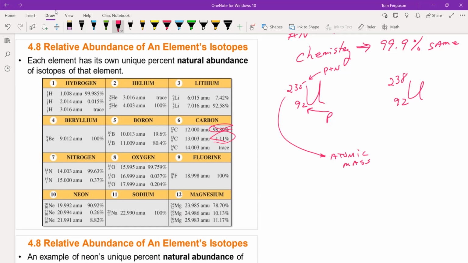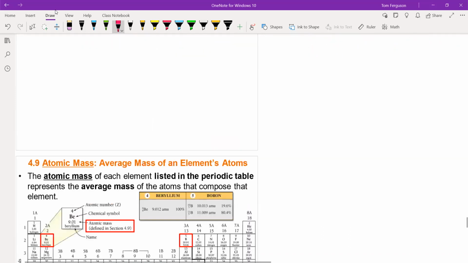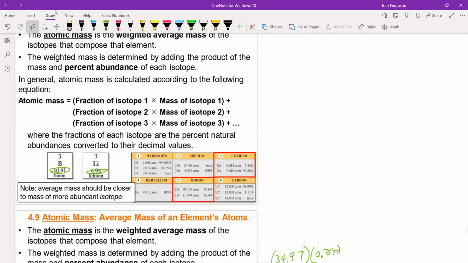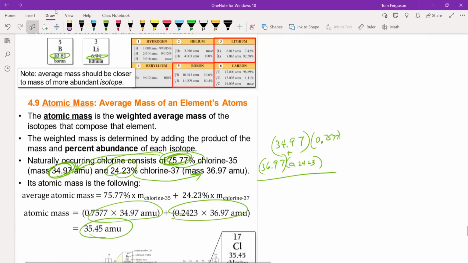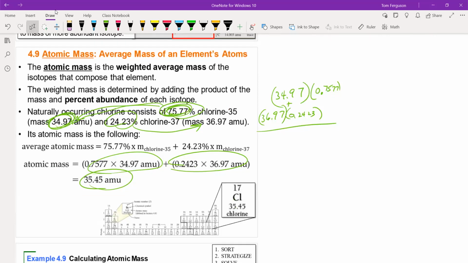Now, if you're going to do a problem using the percents, what you're going to do is take the atomic mass of each isotope times its percent and add them together.